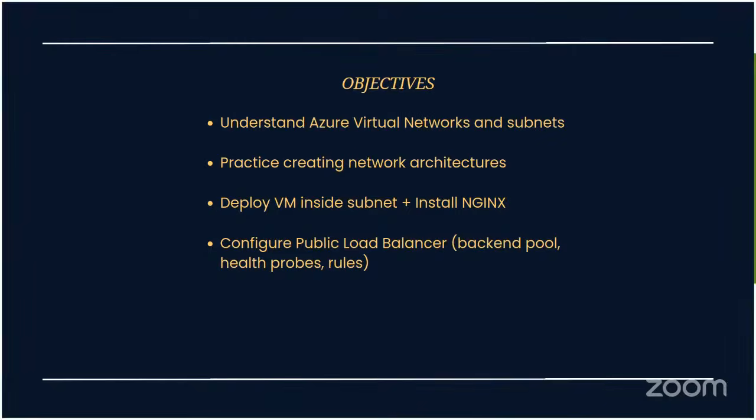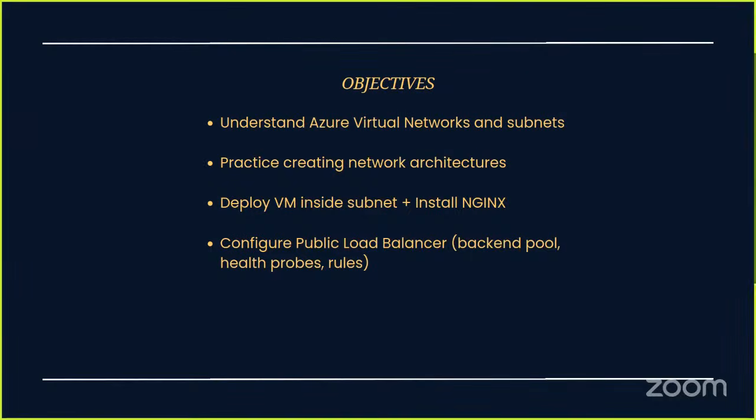The fourth point is to configure the public load balancer with a backend pool, health probes and rules. For this, we should have a secure backend where we can query our resources from. The health probe is the same as the health check in AWS, where you can check how healthy the communication is between your front end and the back end.